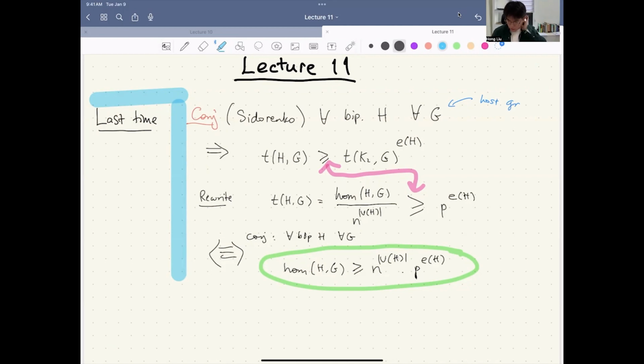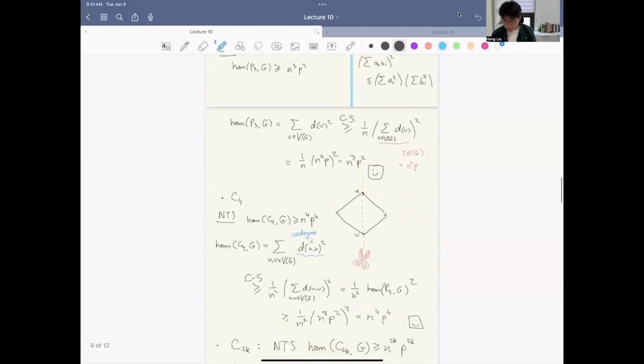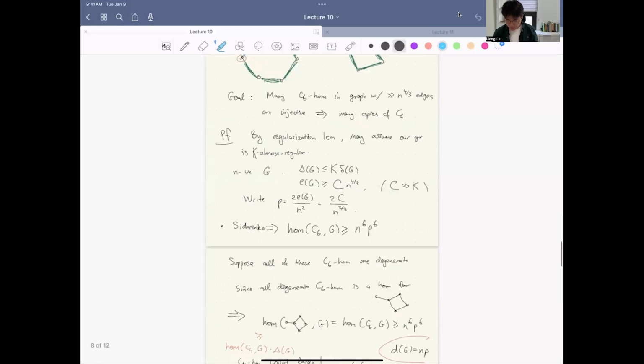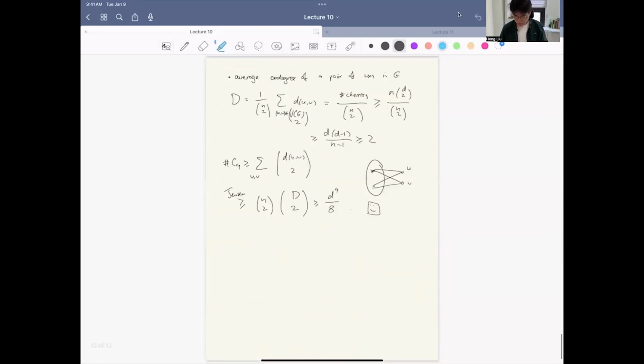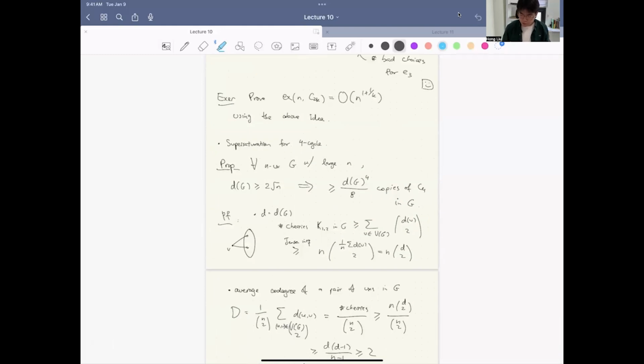I think last time at the end, we proved a supersaturation for 4-cycles. Let me just copy paste the result here. So, supersaturation for 4-cycles.